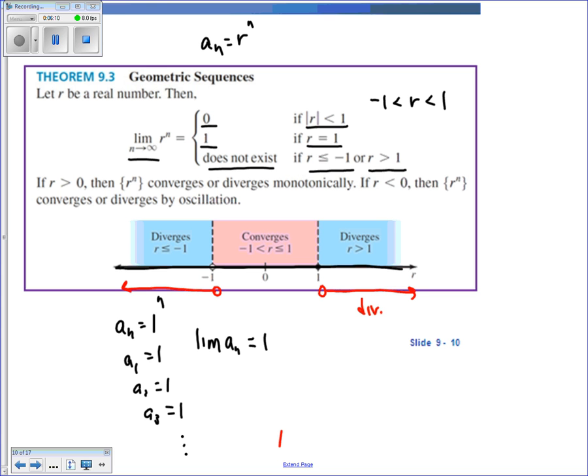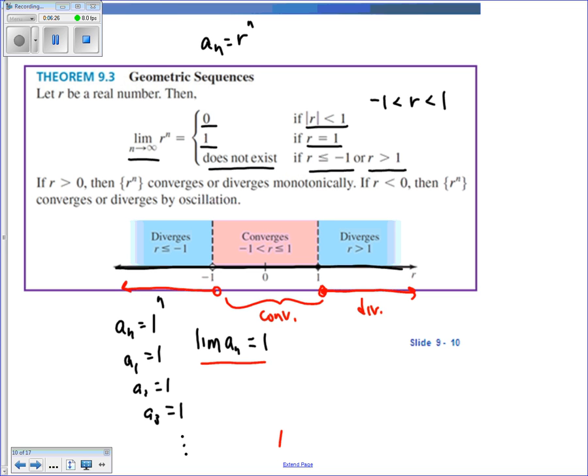It will converge in the middle here. This is looking at the specific r value, and when the r is 1, we also will be convergent because of this situation of the n's going to 1.